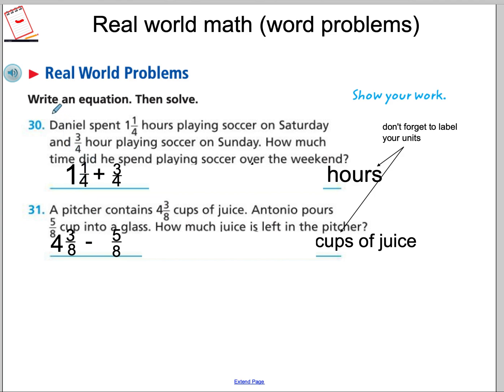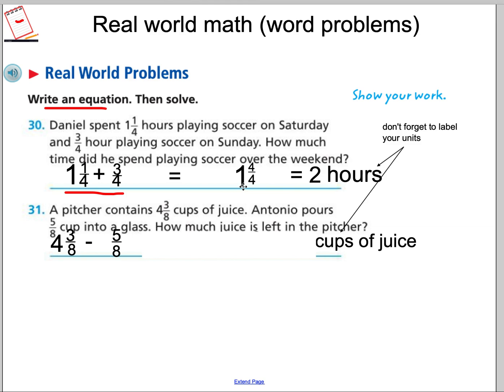So when we write an equation, that's what that is right there. So go ahead and type in or write in 1 1/4 plus 3/4. What do you get? Yeah, so if you remembered that 1 4/4 can also be regrouped, we can take that 4/4.